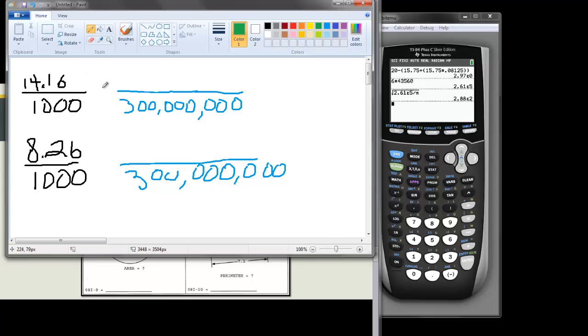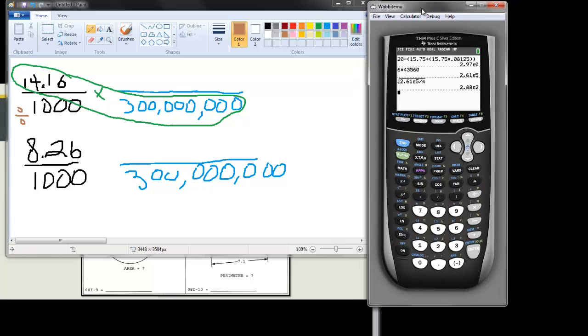But what I'm going to do here is multiply across these numbers, and then divide with the number that's left over. So I'm going to put 14.16 times 300 million equals, and then divide that with 1,000, and I get 4.25 e to the 6th.